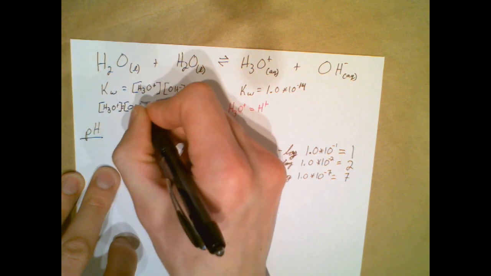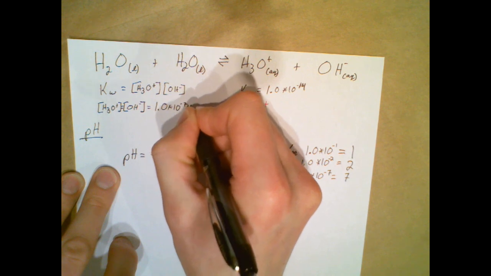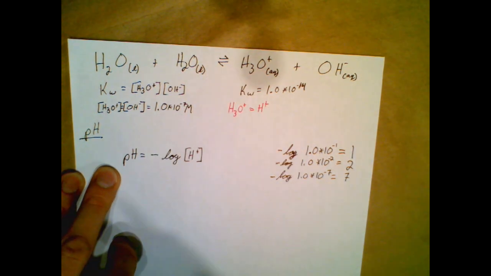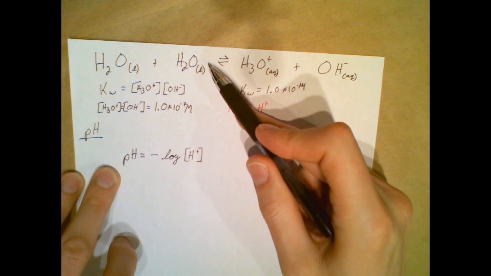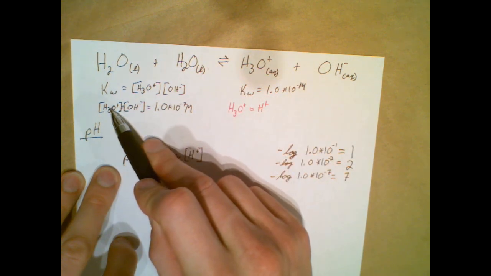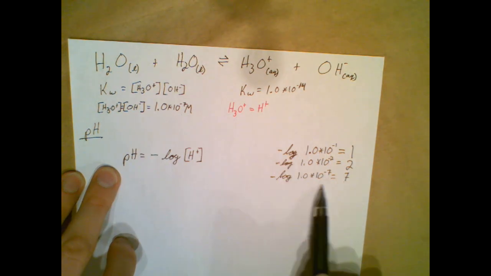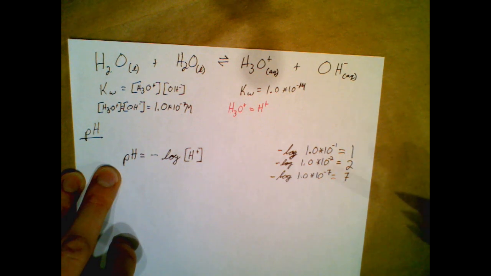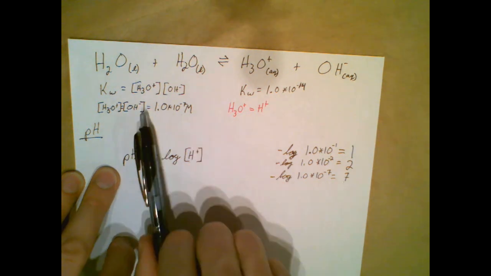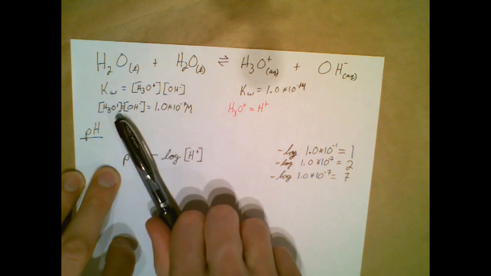They were the same in that solution, and they were 1.0 times 10 to the minus 7 molarity. So in pure water, because that's the concentration of H3O plus, you get a pH of 7. That's why 7 represents pure water, or what we would consider to be neutral. 7 is when you have equal amounts of H3O plus and OH minus. It's not acidic, it's not basic, because you have the same amount of each one.